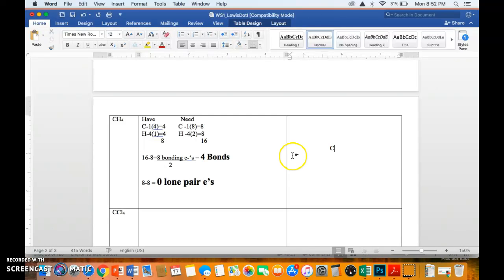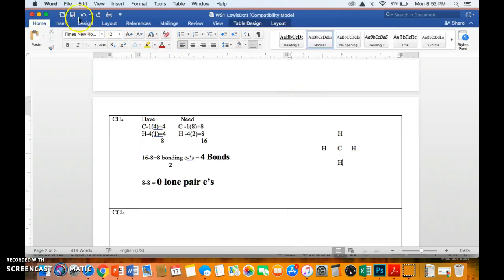Then I add all other elements to that. So I have 4 hydrogens. I'm going to add them so that they surround this carbon. I have 1 to the left, 1 to the right, 1 on top, and 1 on bottom. So I've added my elements so that they surround my central element, carbon.